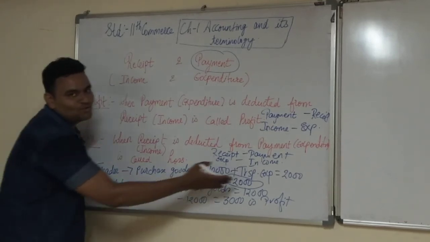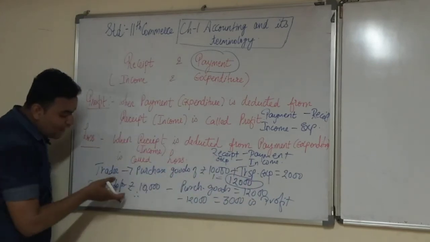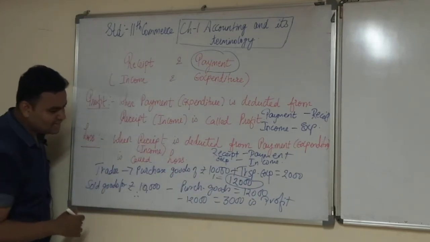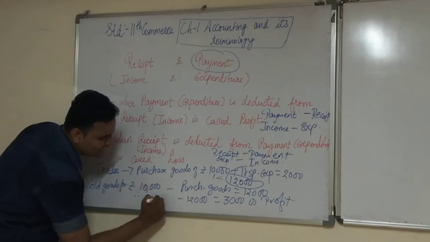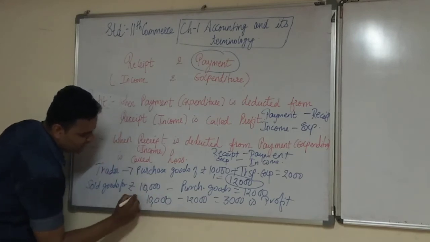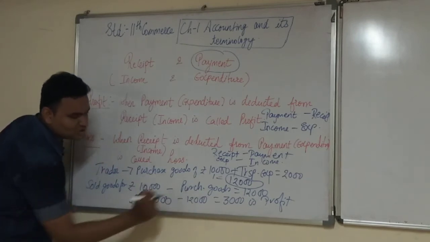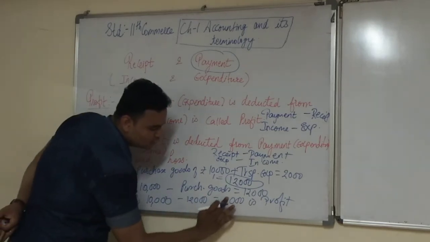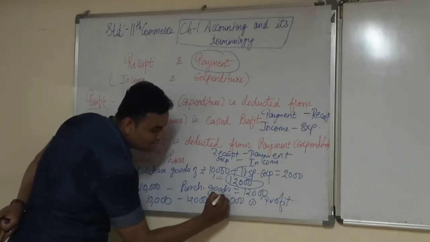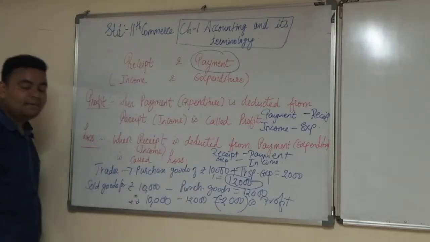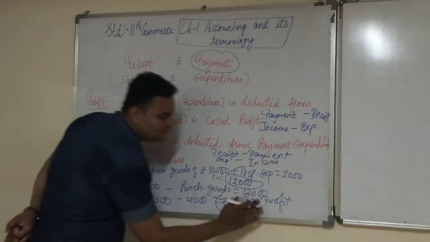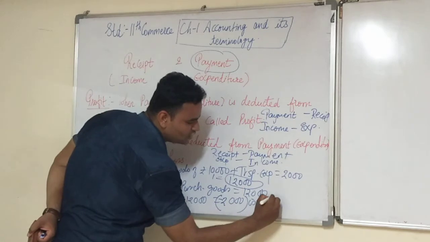He has purchased goods of rupees 12,000, and now he is selling the goods for rupees 10,000. So therefore 10,000 minus 12,000 will be minus 2,000. Yes, it will definitely be minus 2,000, and that will be considered as a loss.